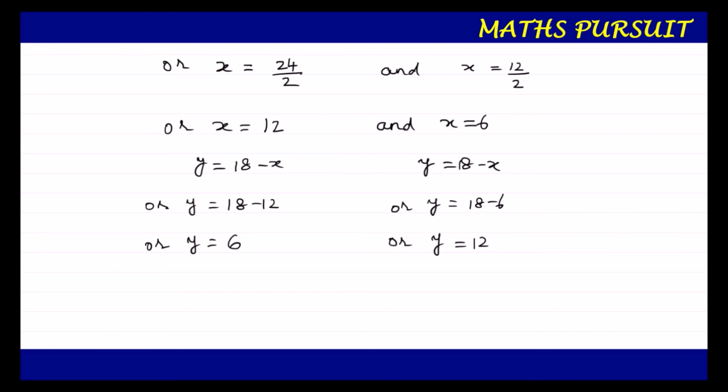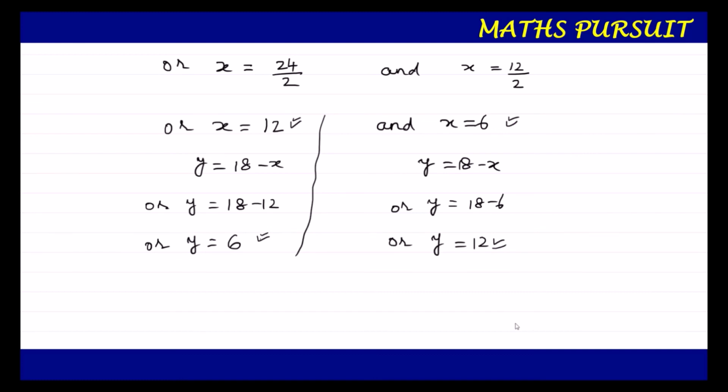So if you look here, when x = 12, we got y = 6. When x = 6, we got y = 12. So that is going to be our answer.